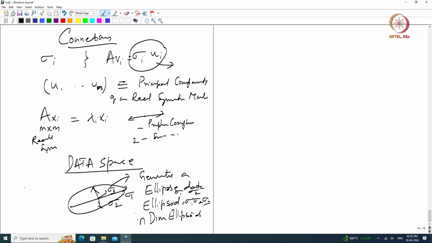And you had an interesting result that sigma 1 is greater than or equal to sigma 2, is greater than or equal to sigma 3, etc., greater than or equal to sigma n, greater than or equal to 0.